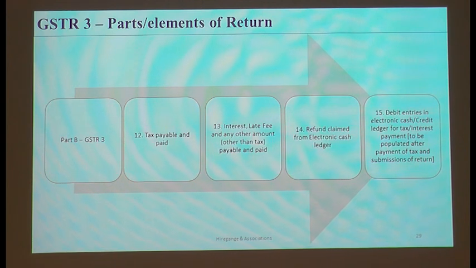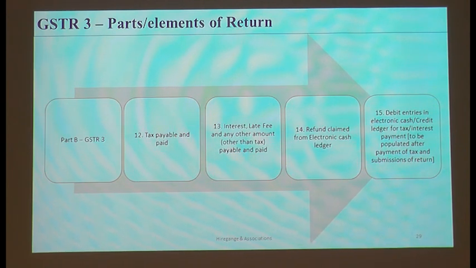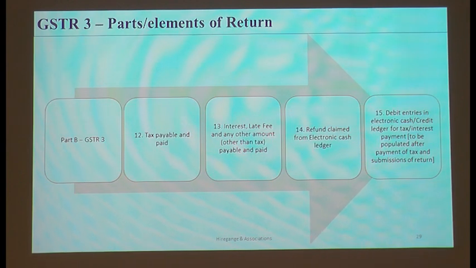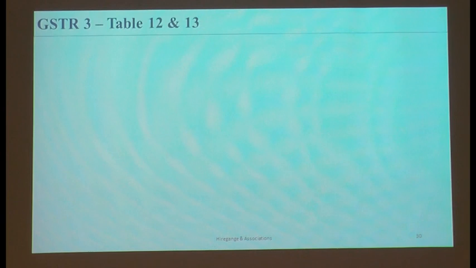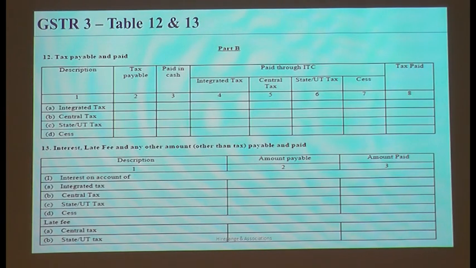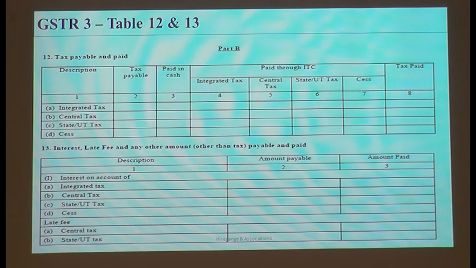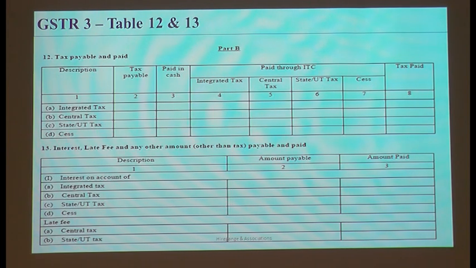You have to pass one entry wherein you debit the cash ledger and credit the liability register. If you have not done this, then payment is not made, even though you have a sufficient cash balance in your cash ledger. Similar to her example, OD account and FD and saving account. Current account. This is a Part B which we are required to file in GSTR 3. All other things will get auto-populated from 1 and 2.